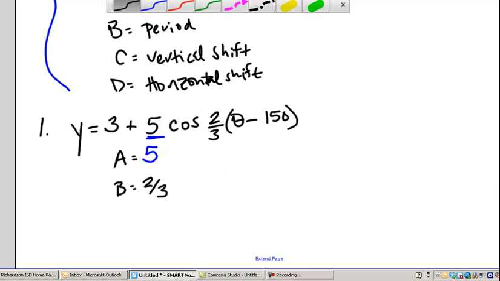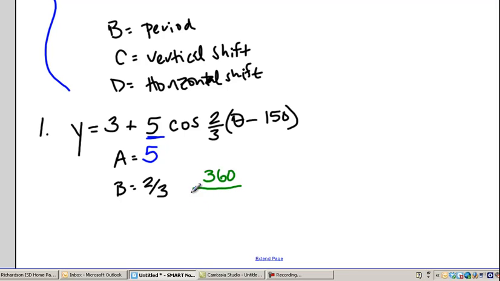And let's go ahead while we're at it, because I think there's some confusion here in the last couple days. So you take 360 and you're going to divide by your B value, which is 2/3. Whenever you are dividing by a fraction, you multiply by the reciprocal. Okay, so these two statements are equal to each other.